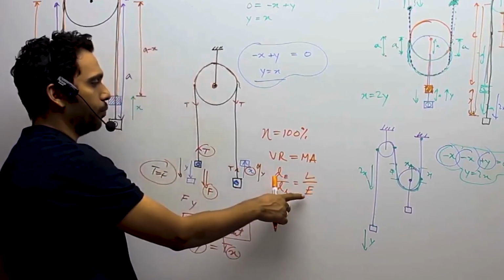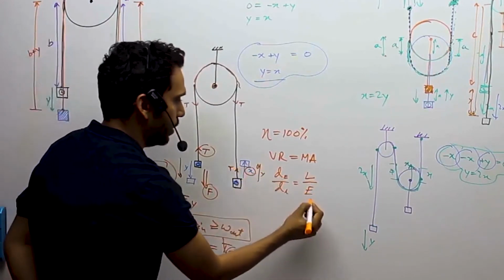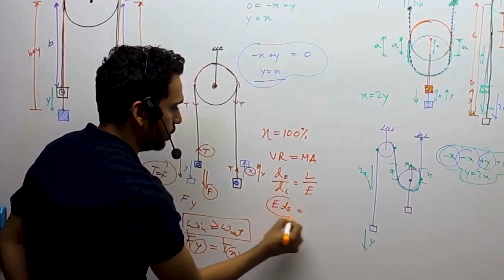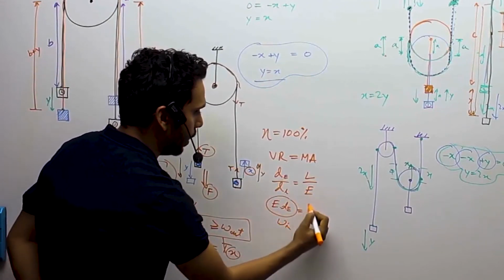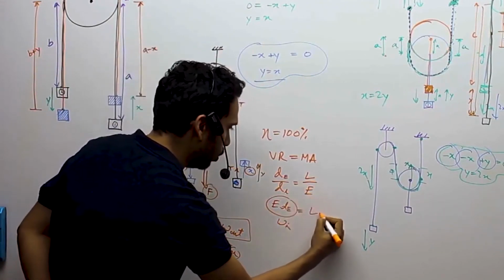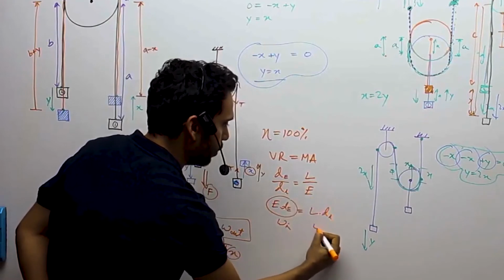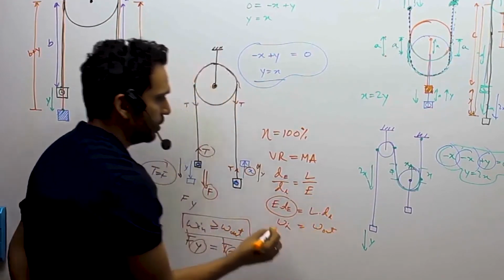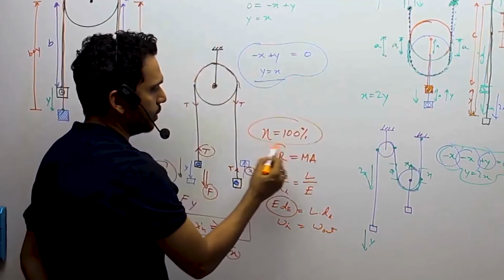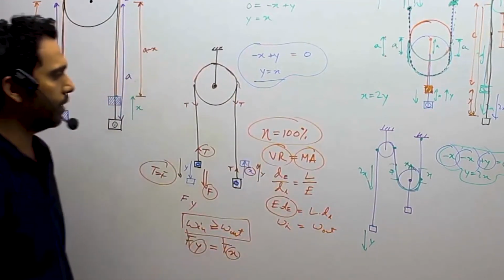So effort is where you are putting in the work, E times dE. This is the work input, and load times dl is the work output. So in an ideal situation of 100% efficiency, VR is equal to MA. So that is what we are going to analyze.